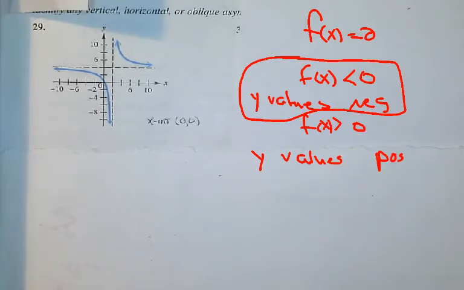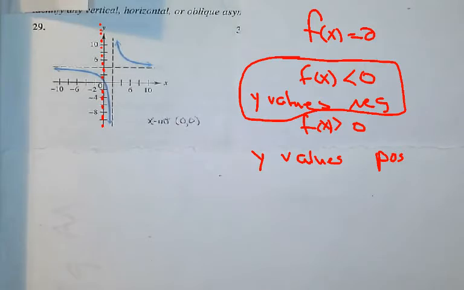You can tell because positive numbers are up here on this top part. So I know that the y values are positive when I'm above the x-axis, and I know the y values are negative when I'm down here below the x-axis.